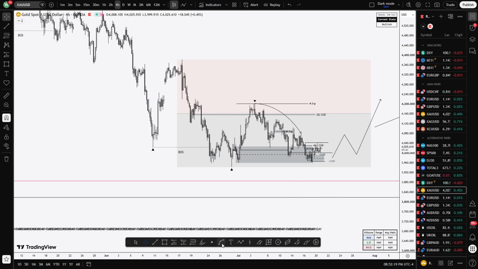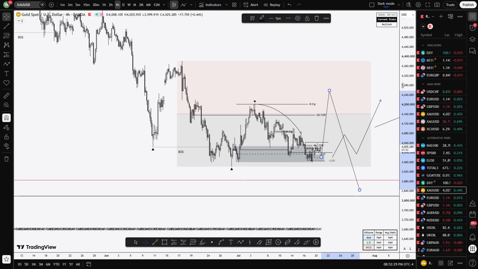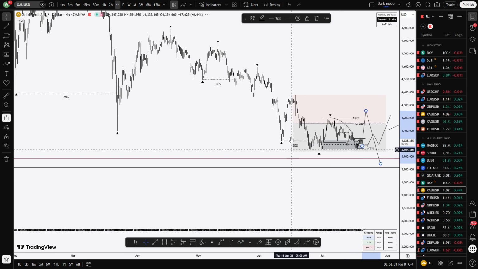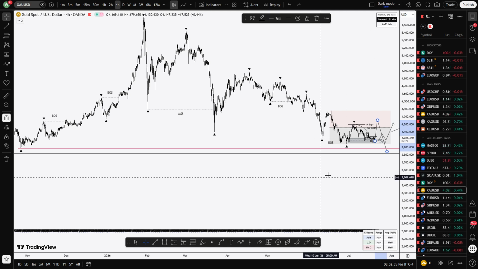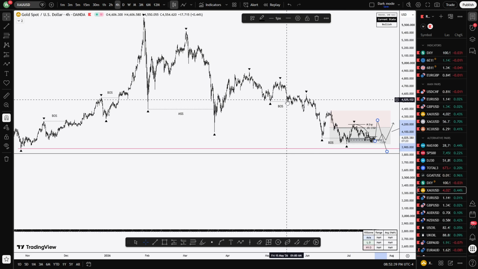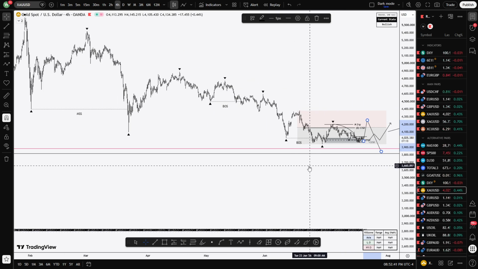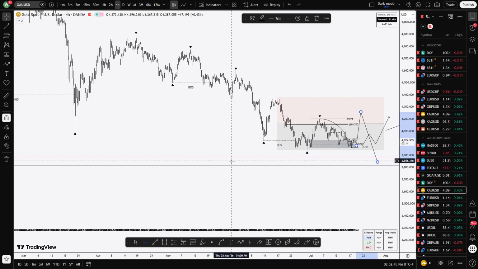So we could trade all the way from here to mitigate this, then continue lower. Or if you check here as well, we have another set of liquidity, right? Because we haven't really taken any high.